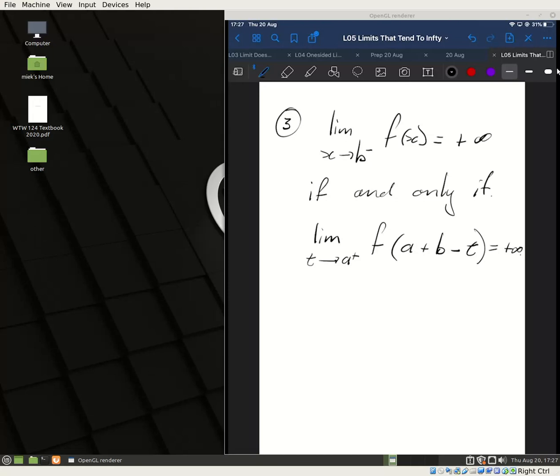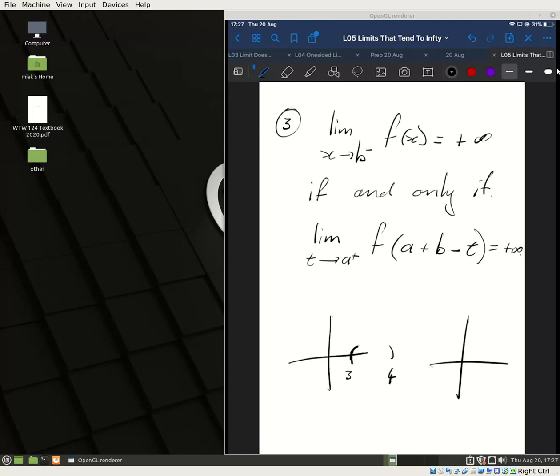Let's just talk a bit about what this means. So in fact, let's do it on 2 sets of axes. So let's say you've got an open interval here from 3 to 4.